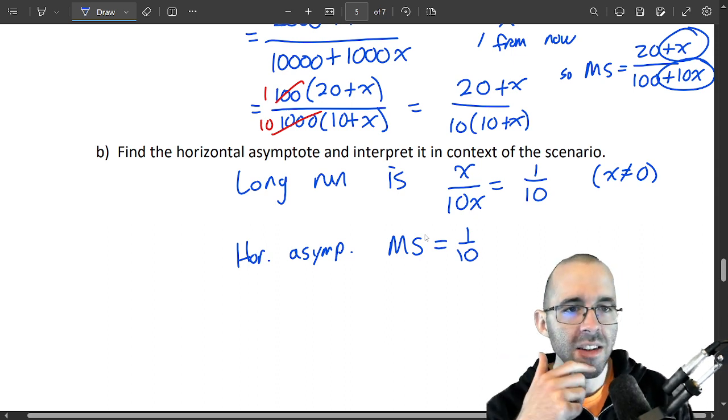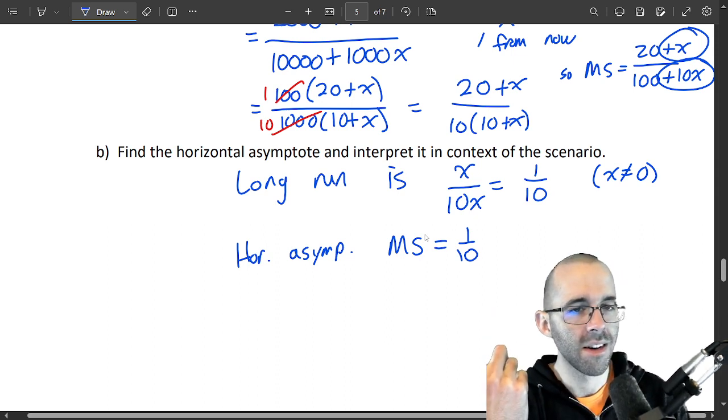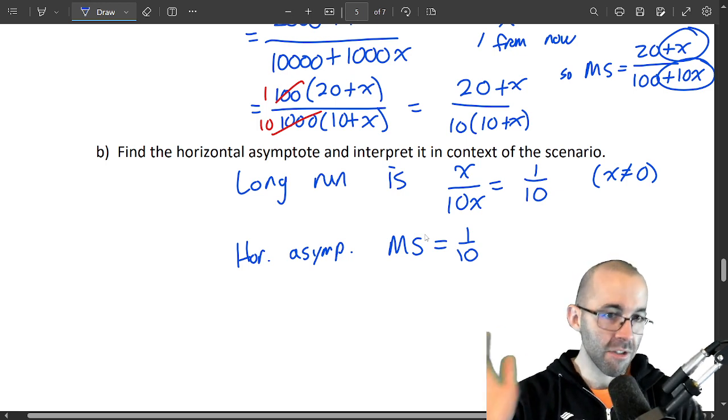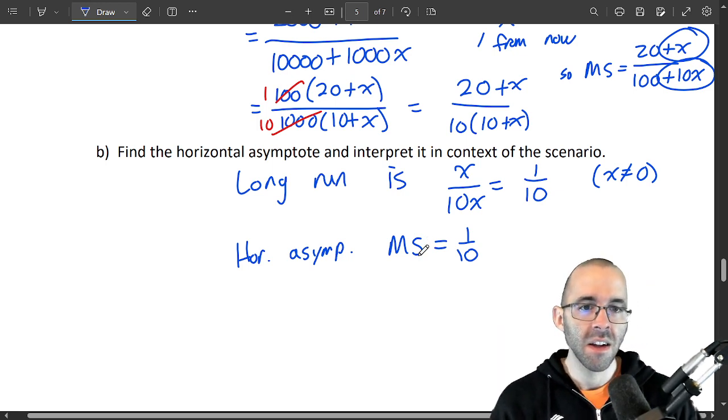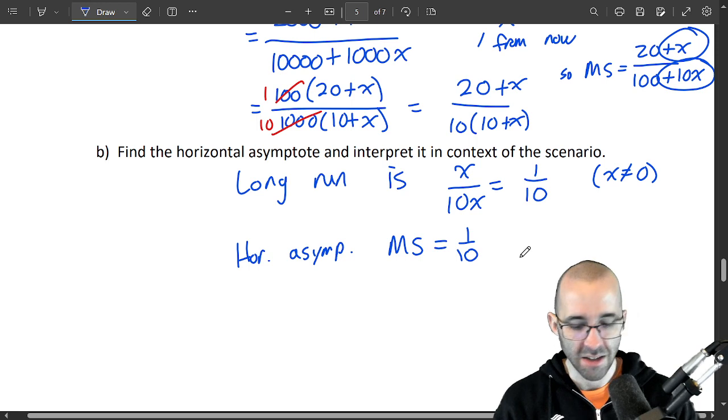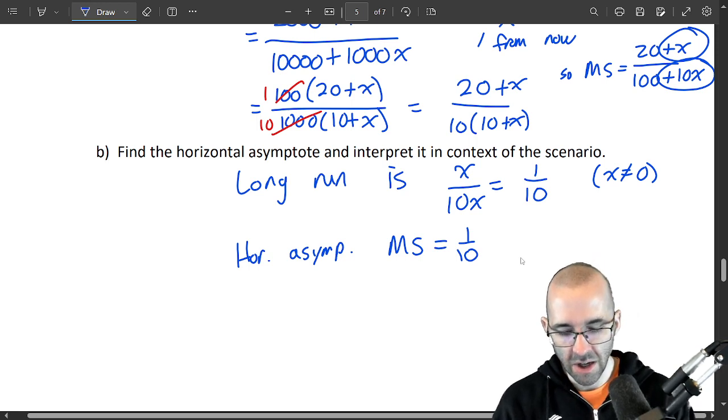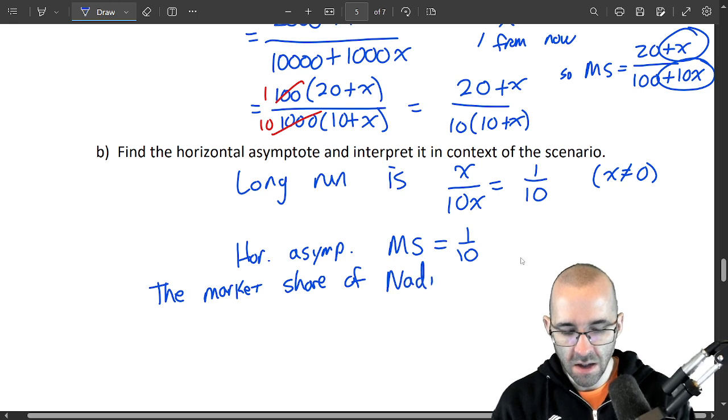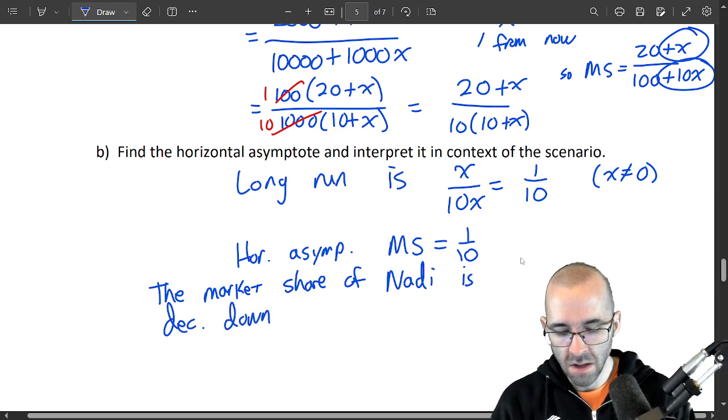How do we interpret that in the context of the scenario? That means after a long time, the market share of Naughty is going to be 10%. The market share of Naughty is decreasing down to 10%, eventually, if nothing changes.